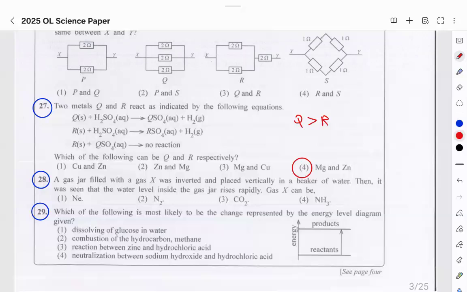Yes. The elements on the top are stronger, so they displace the bottom elements. Exactly.